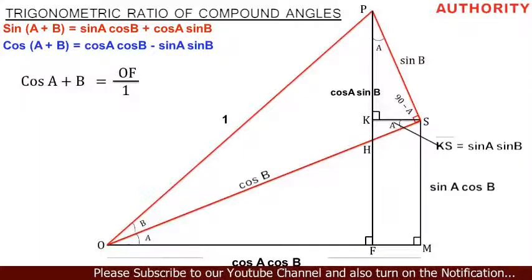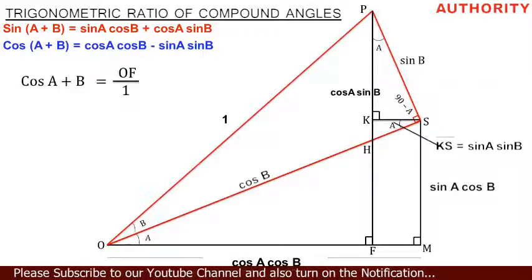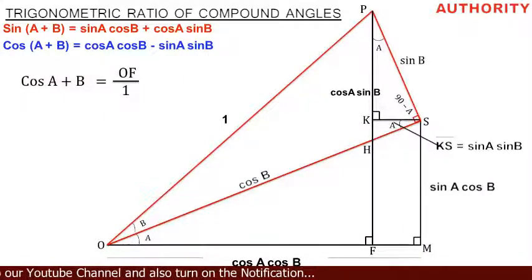We have our FM the same as KS, and we know our OM to be cos A cos B. Now we are looking for OF in triangle OPF, so cos A plus B will give us OF over hypotenuse.